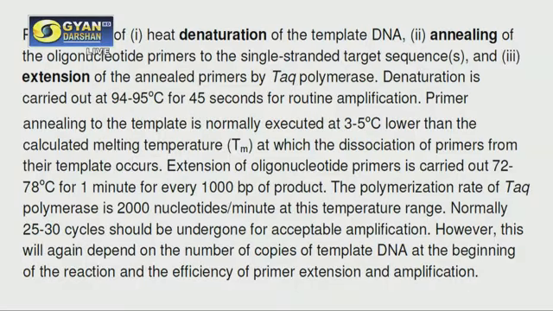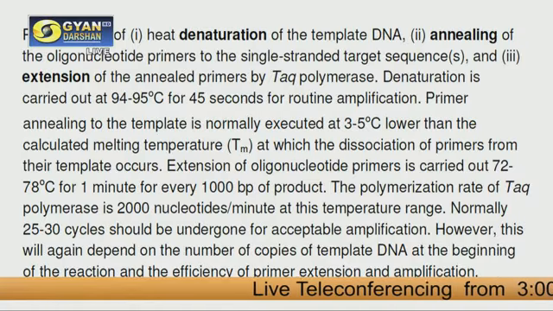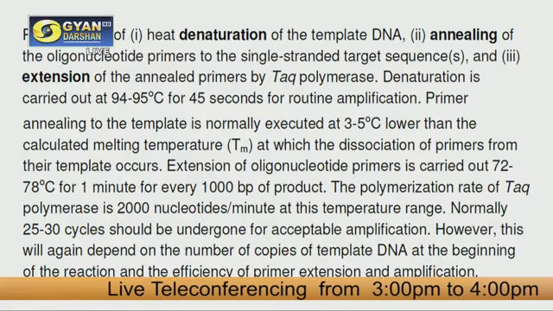Then primer annealing. What is the temperature that you need to set for this primer annealing? That is 3 to 5 degrees centigrade lower than the calculated melting temperature at which the dissociation of primers from their template occurs. What is the formula for calculating the melting temperature? You have to calculate it based on the primers: 2 times (A plus T) plus 4 times (G plus C).